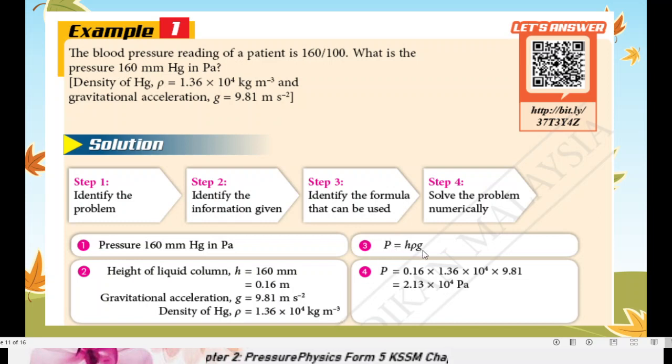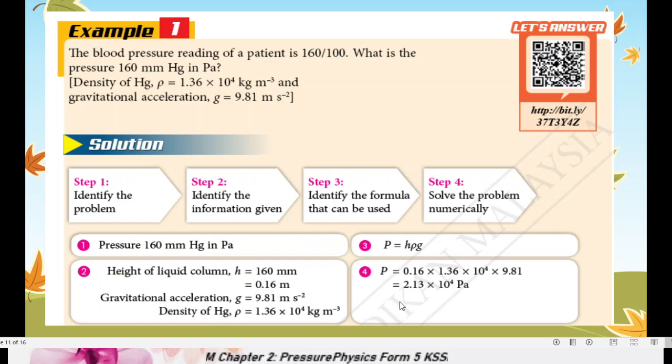Now we can substitute all the values given here. H equals 0.16 meter, density of mercury and value of g. Thus we get 2.13 times 10 to the power 4 Pascal. You can leave the final answer in standard form, or you can write in terms of kilopascal.